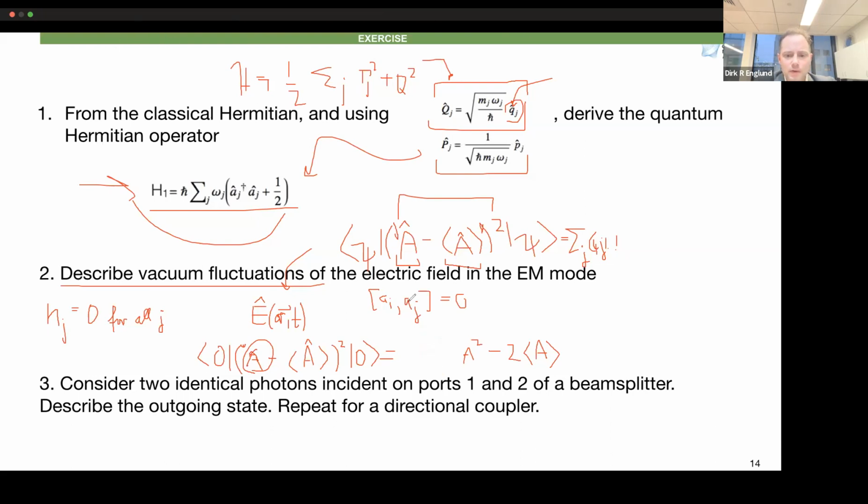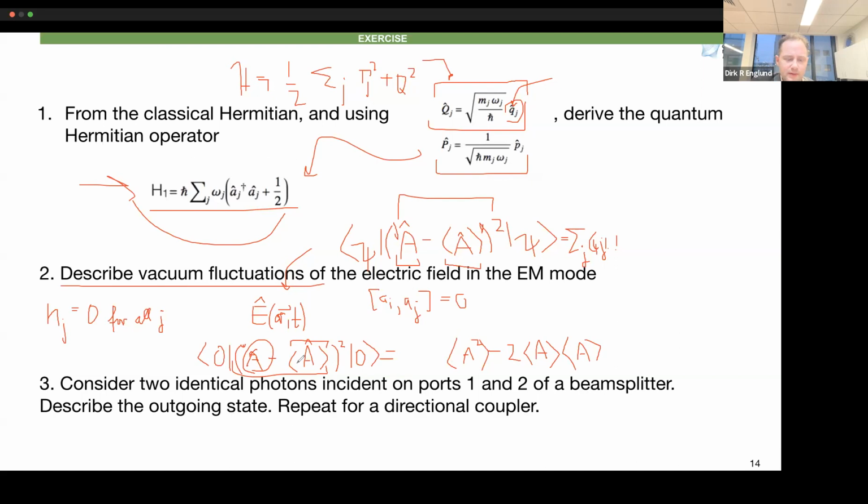Okay, so this here is equal to... if you distribute the square here, then you get the expectation of A squared, minus the expectation of A times the expectation of A, which is a real-valued scalar number. So you get this expression here.